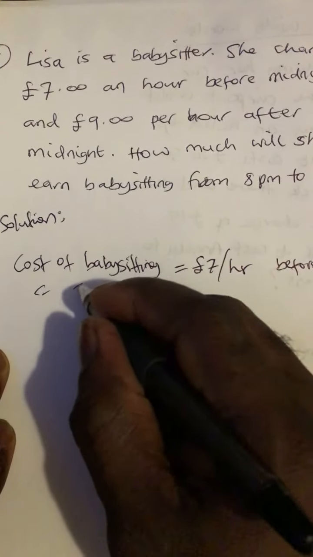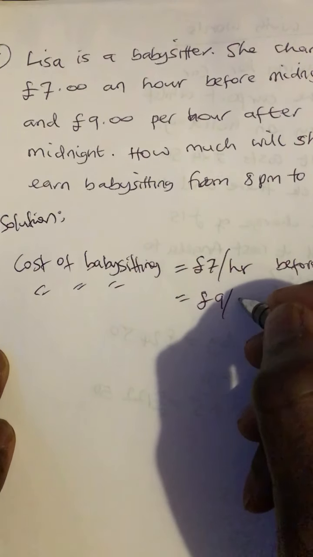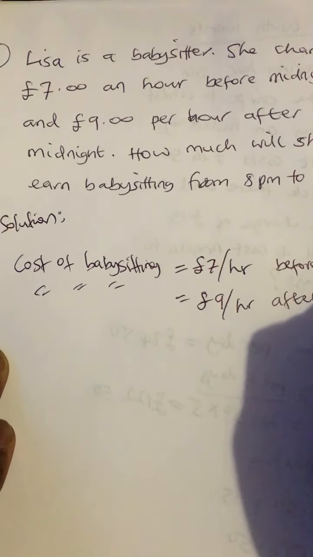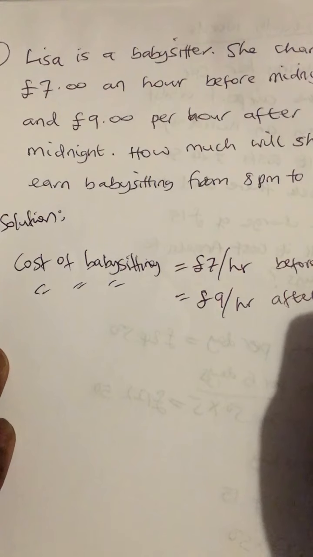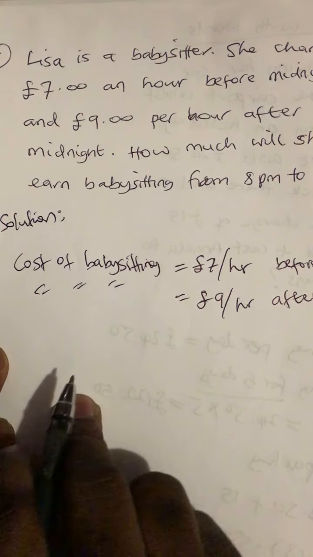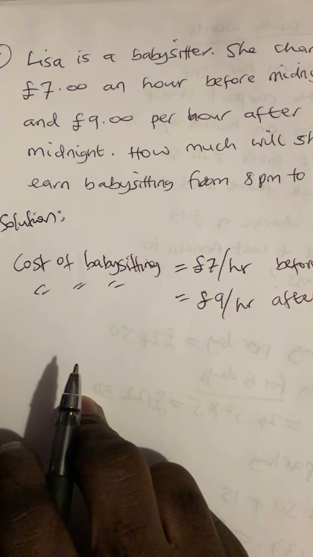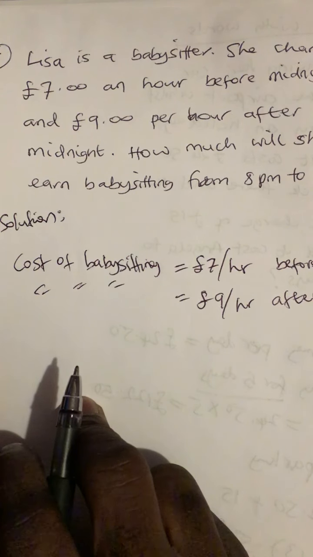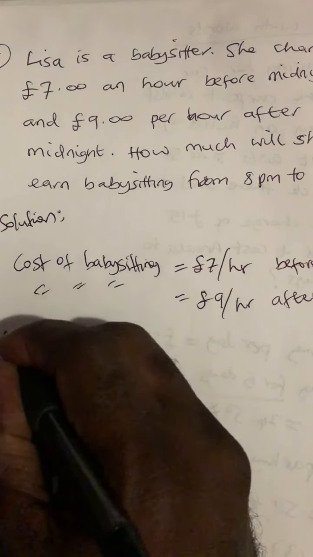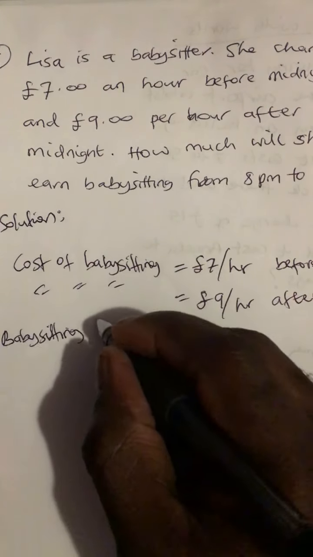And cost of babysitting is equal to £9 per hour after midnight. So the next thing now is we work out how many hours of babysitting she does before midnight and after midnight. So here we have babysitting before midnight.